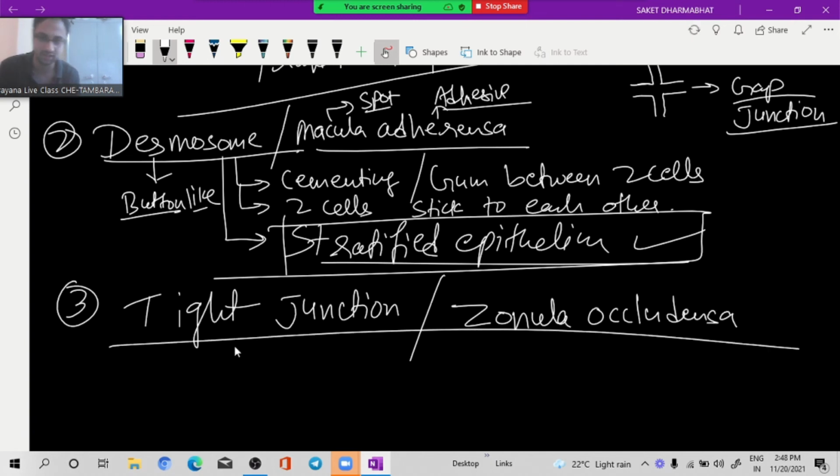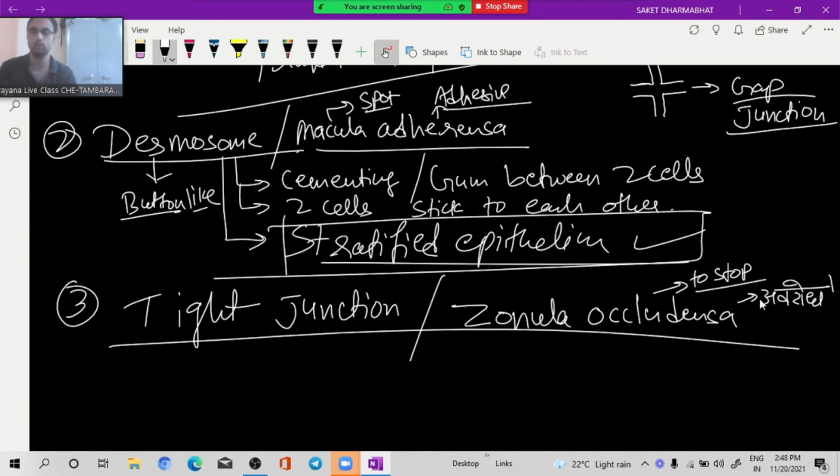Zonula means area. Occludens means to stop, to prevent. In Hindi we call it avarodh.